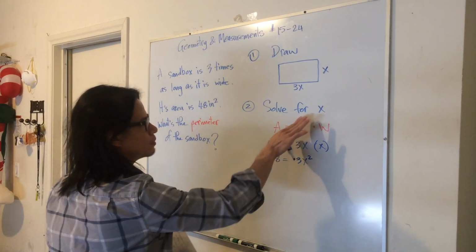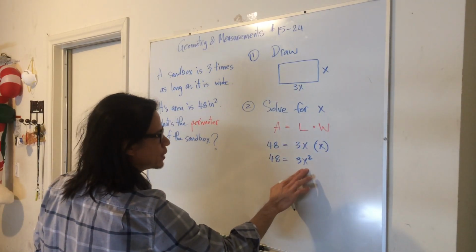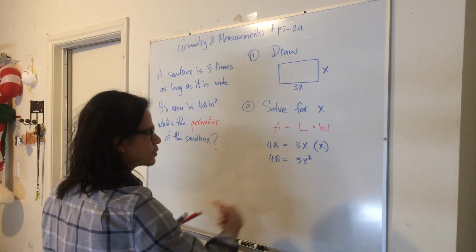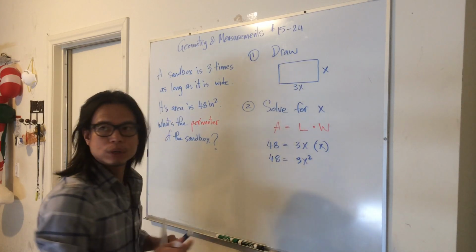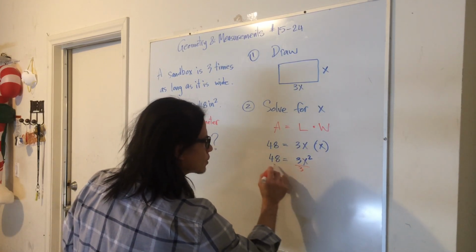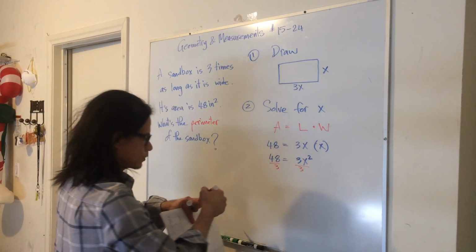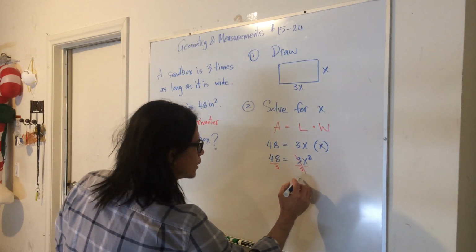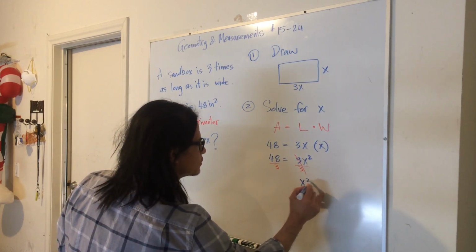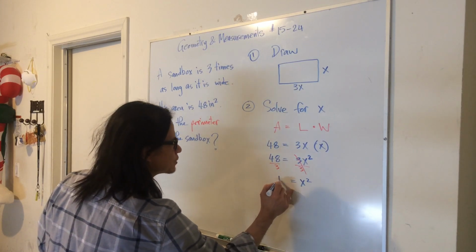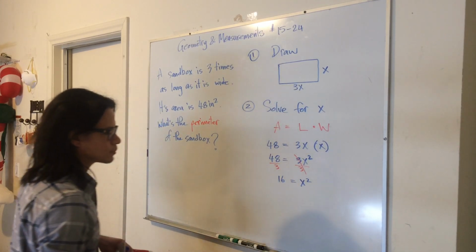Keeping in mind that we're trying to solve for x, let's get rid of the 3. Here you have x squared times 3. What's the opposite of times 3? Divide both sides by 3, and the 3 cancels out. x squared is equal to 48 divided by 3, which is 16.